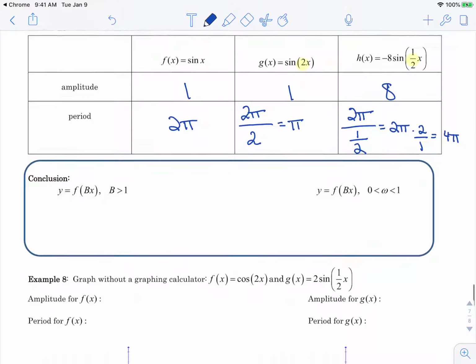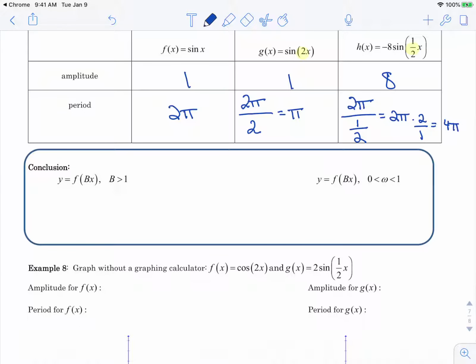So what happens here, if b is bigger than 1, so that's like this case, our graph was compressed, right?